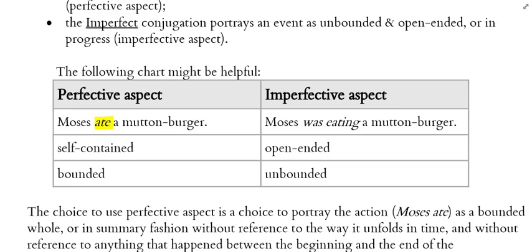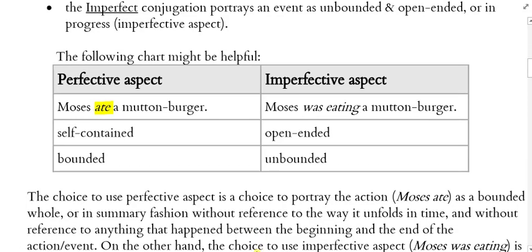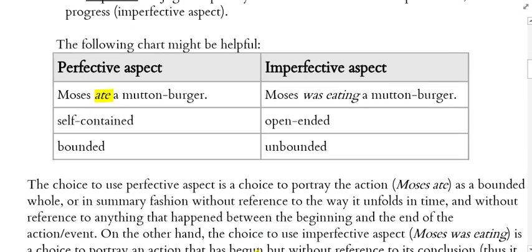And what this verb ate indicates is that the verb's portrayal is self-contained and bounded. The choice to use perfective aspect is a choice to portray the action Moses ate as a bounded whole, or in summary fashion, without reference to the way it unfolds in time, and without reference to anything that happened between the beginning and the end of the action or the event.